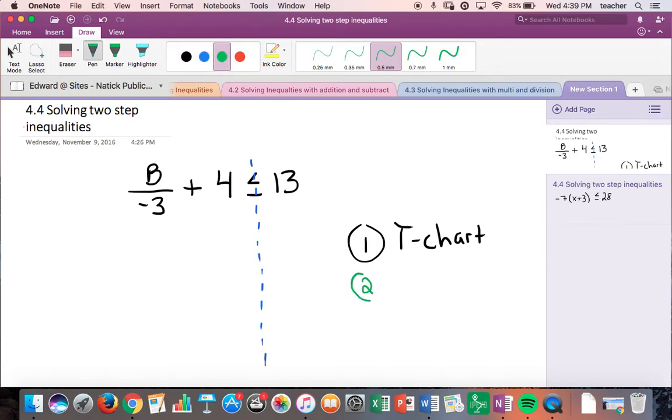So my second step is going to be to use the first two steps in the order of operations.